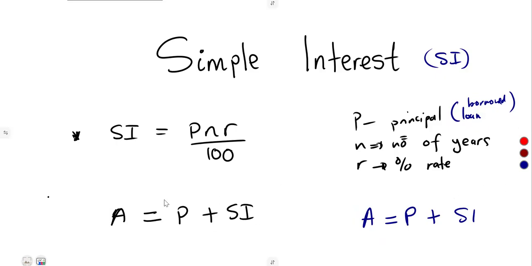This is the accumulated amount, the one that you are going to pay after the number of years.